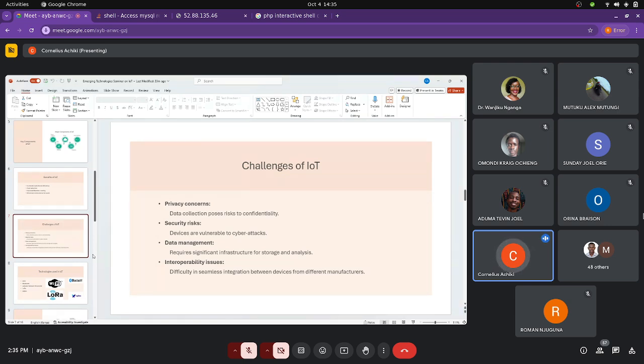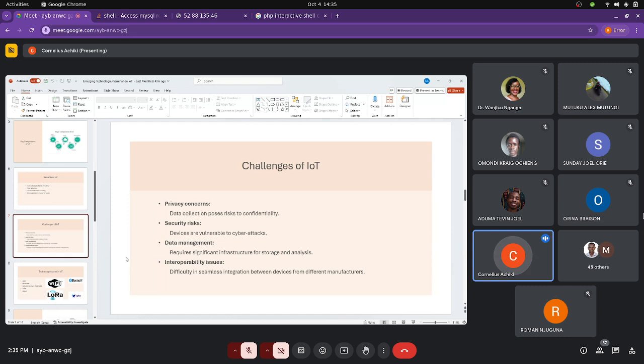But what has happened is most of the security risks are usually handled by the technical people, so that the end user does not really have the challenge of thinking about the security of the end device. The people who are going to be managing the infrastructure are the ones who look at the security risks mostly, and try and advise and take that burden away from the end user.